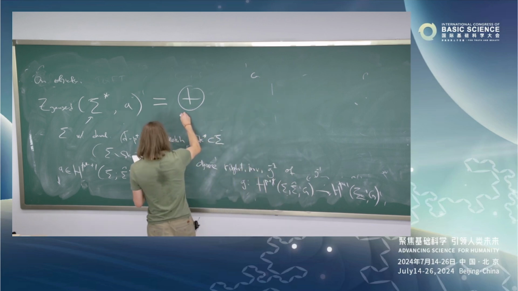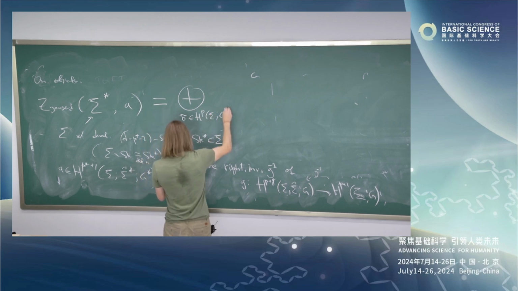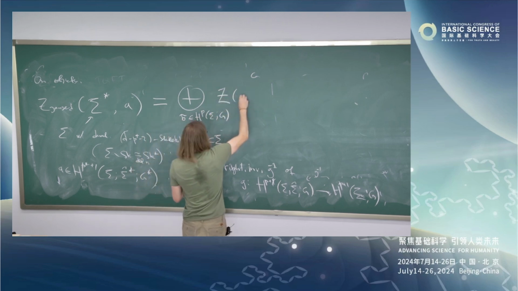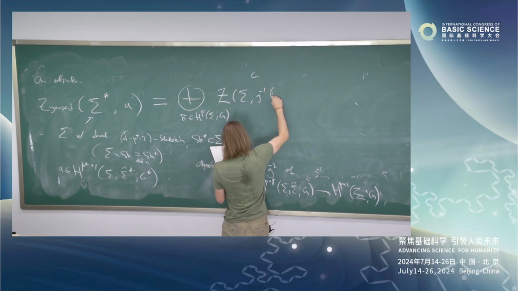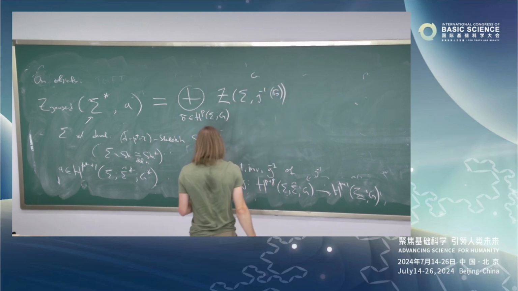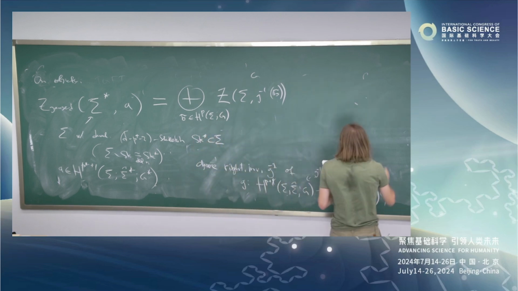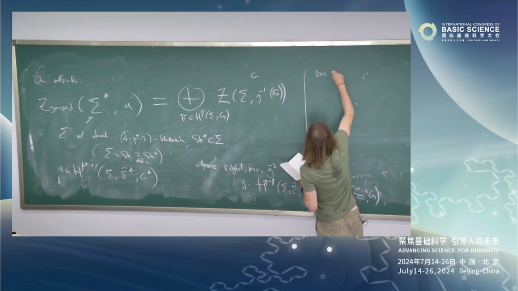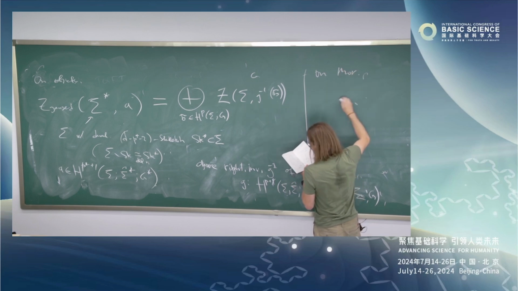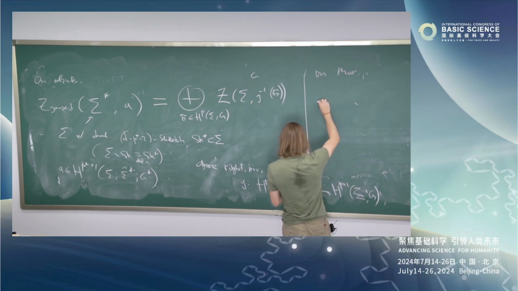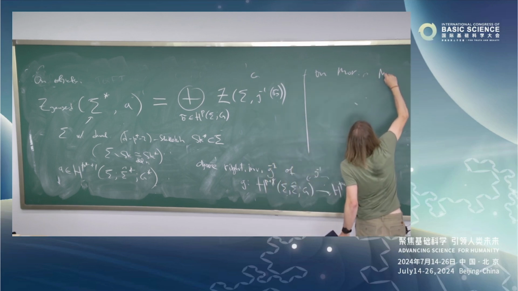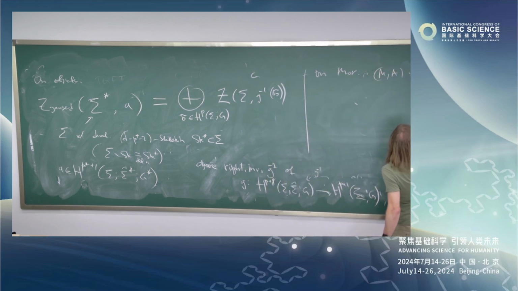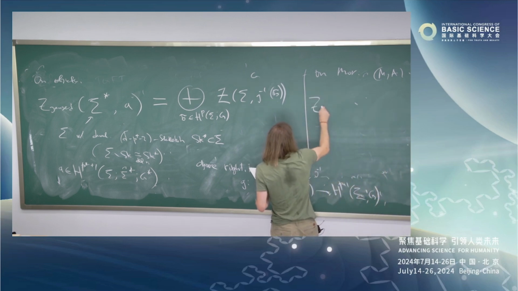So I will sum over, and for the morphisms, are the following. So is that gauged?